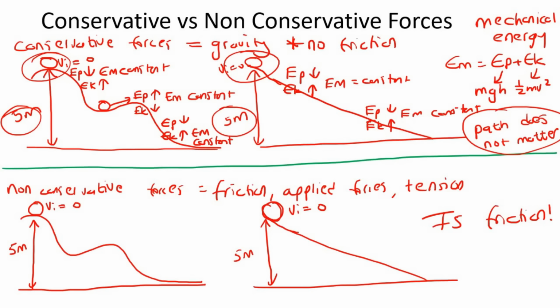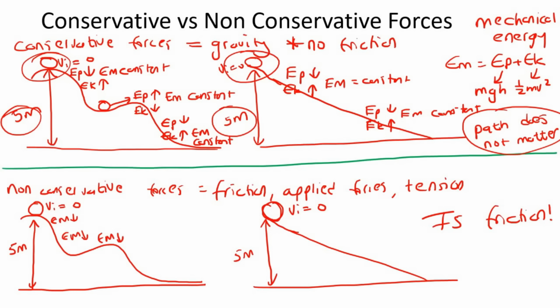There is energy being taken away. As this ball is moving, as it goes up or down, friction is removing energy from the object and its mechanical energy is decreasing. So the mechanical energy is going down.